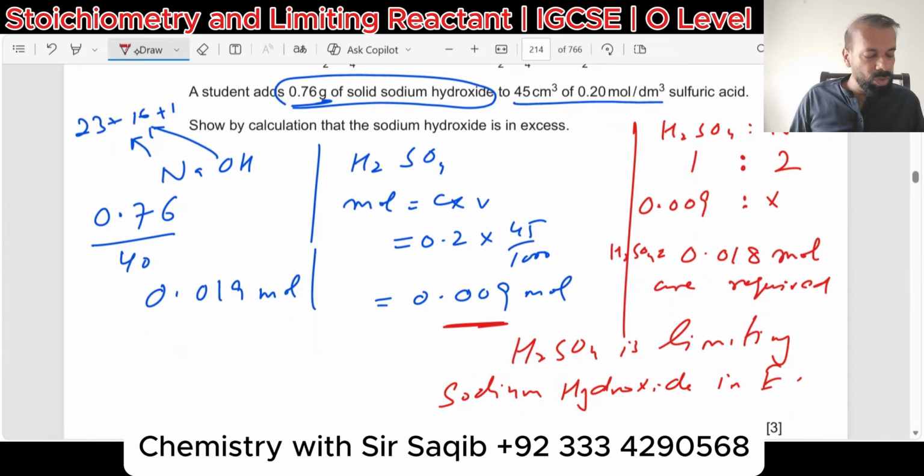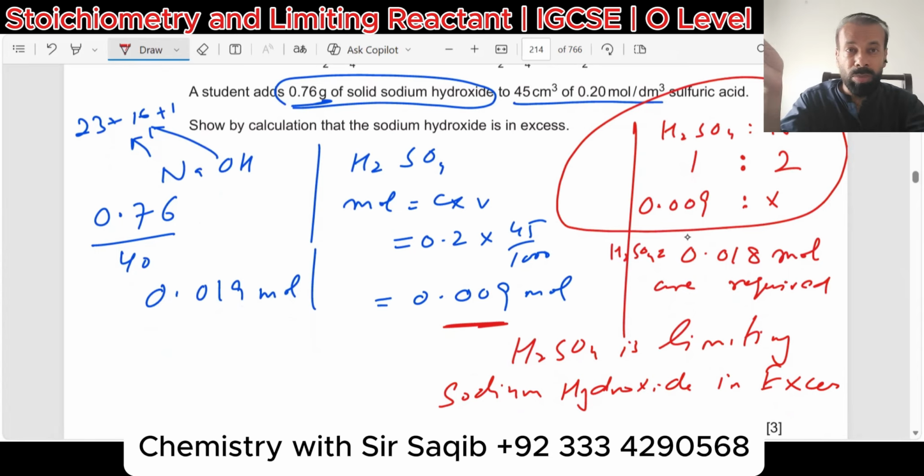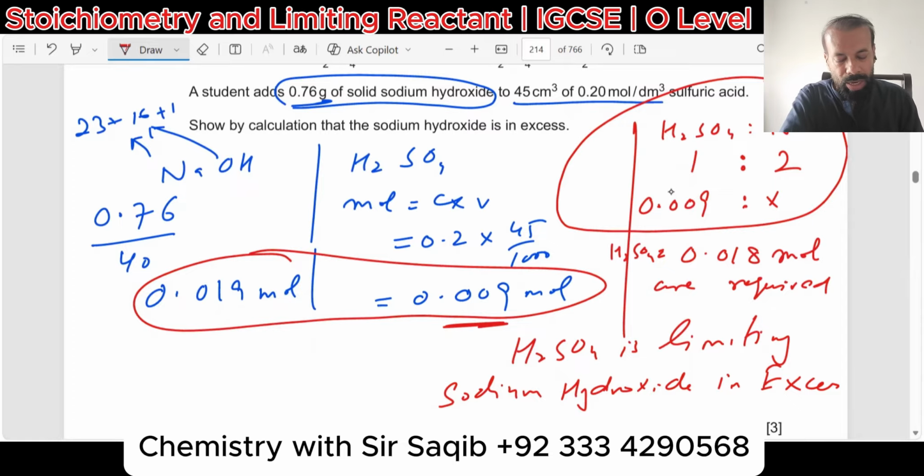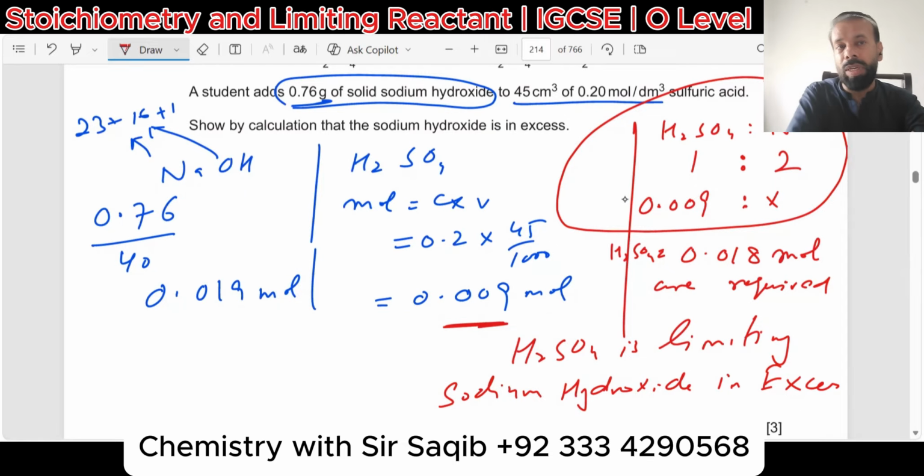First you calculate the moles of both, then from the balanced equation you compare which one is in lesser quantity. Don't just simply look at these answers. After this, look at the equation, and from the equation find which is limiting and which is in excess. Then give your final answer.